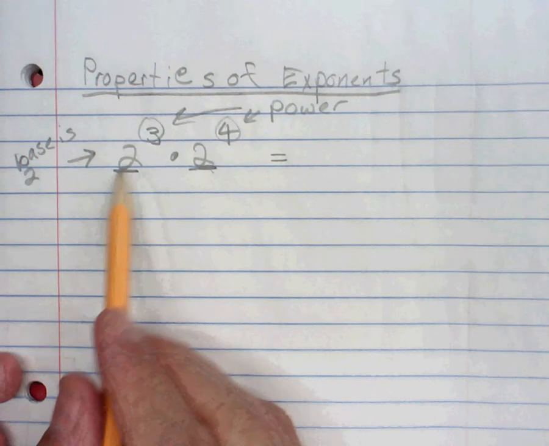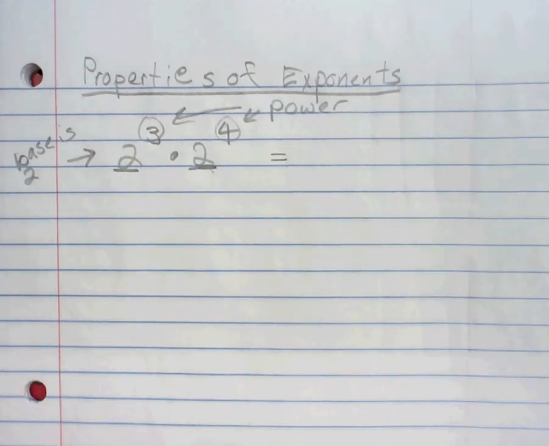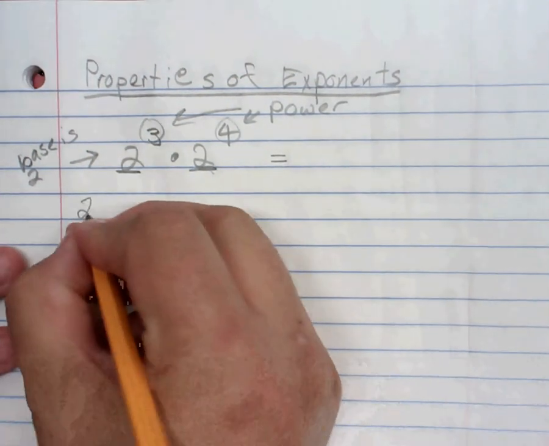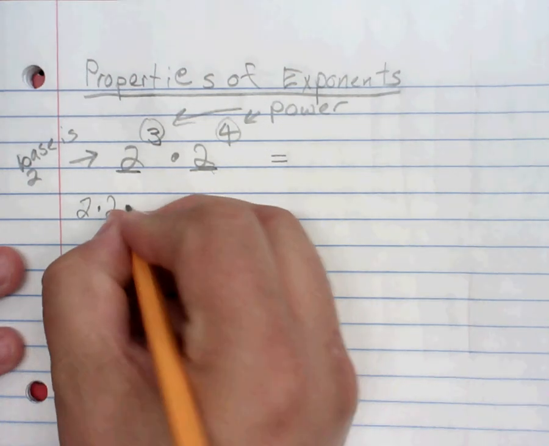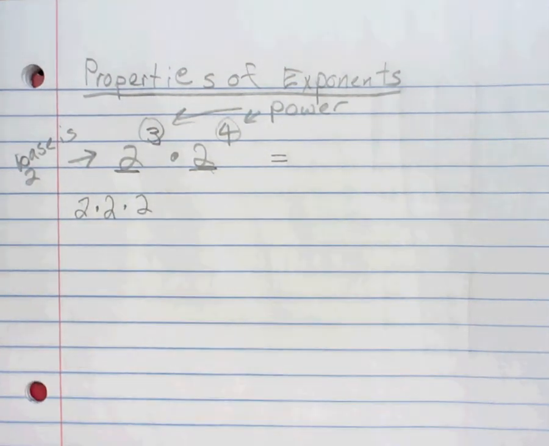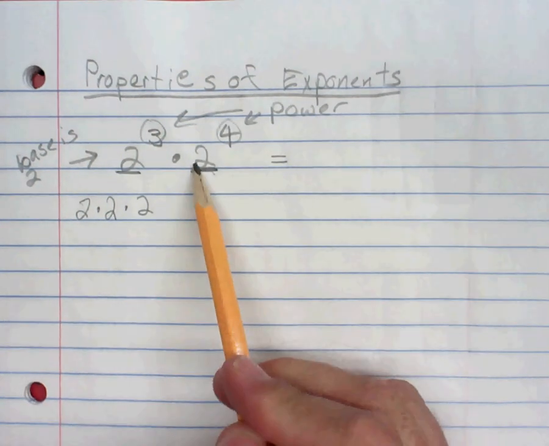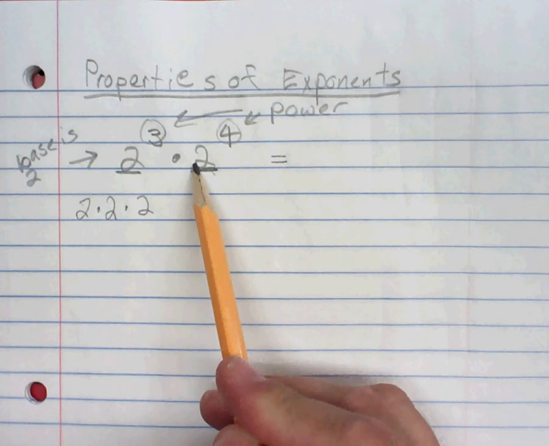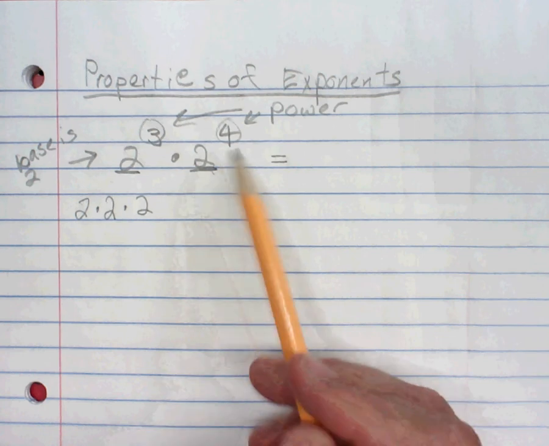So what does 2 to the third power mean, though? Doesn't it mean that I'm going to say 2 times 2 times 2, 3 times? Is that what it means? Well, what am I doing here then? Same thing, but how many times? 4 times.